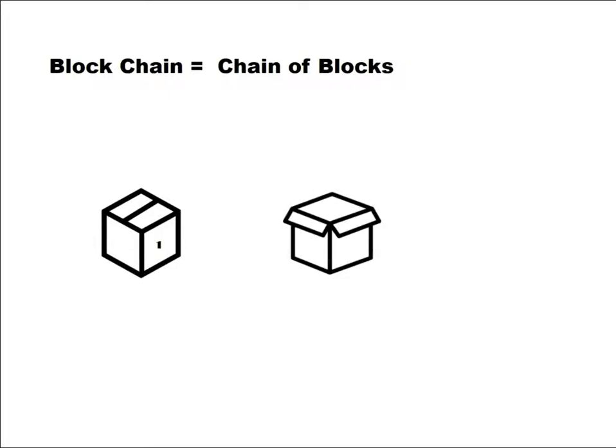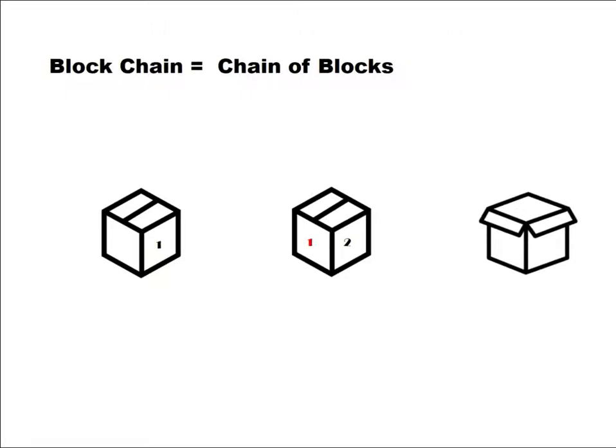Then you open a second box to store new transaction logs. Once the second box is full, you close it and mark this box 2 in black. But now you also leave another mark, 1 in red, so you know this box is created after box 1.